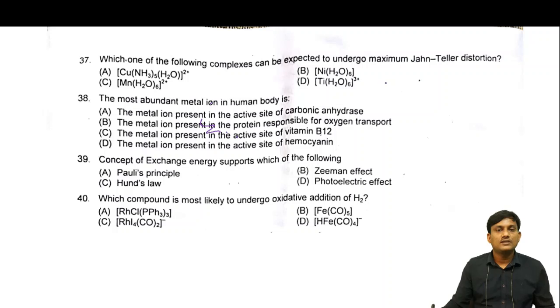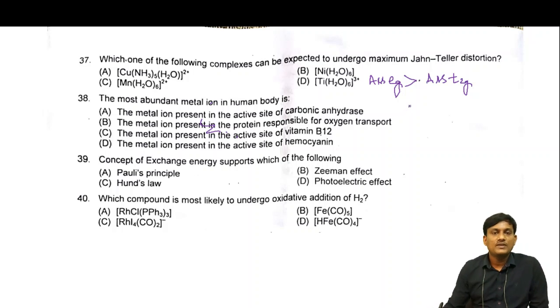First, there should be an asymmetric electronic configuration in a non-linear molecule. Then there is a Jahn-Teller distortion. If the electronic configuration in the eg orbitals is asymmetric, the Jahn-Teller effect will be more when compared with the asymmetric electronic configuration in t2g.